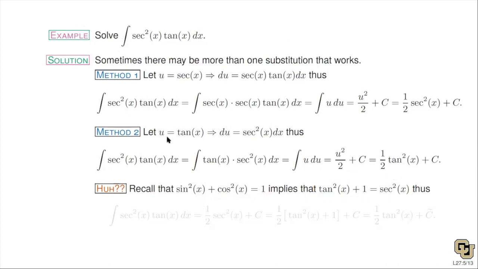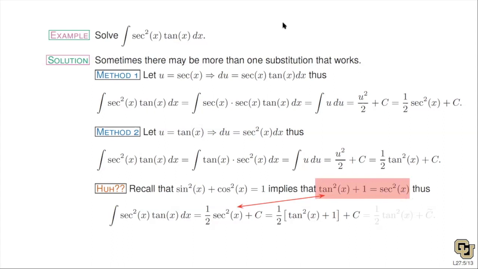And so now I'm going to use this to show you that the two answers are actually in the same family. So here, our first answer was 1/2 secant squared. Let me replace secant squared with tangent squared plus 1 using this identity. So then I get 1/2 times tangent squared plus 1, the whole thing plus c.